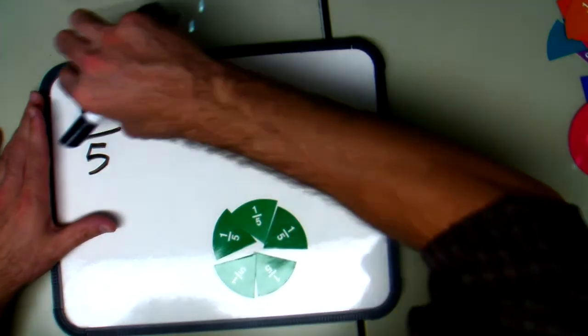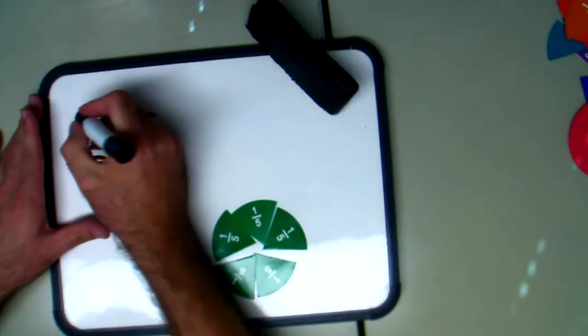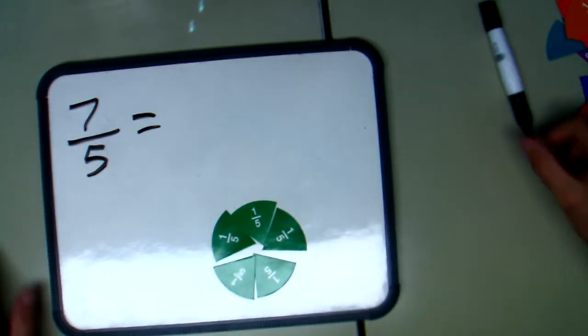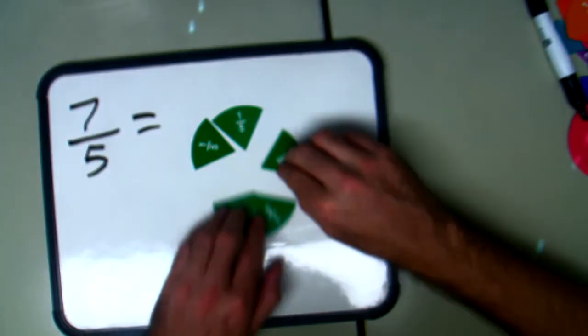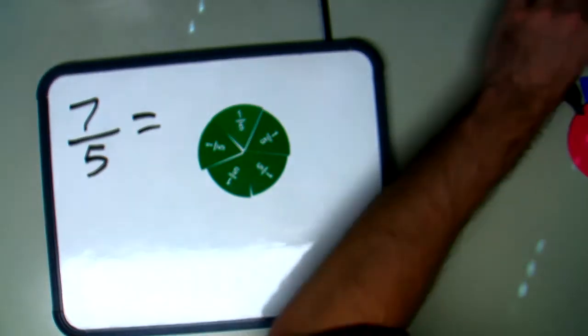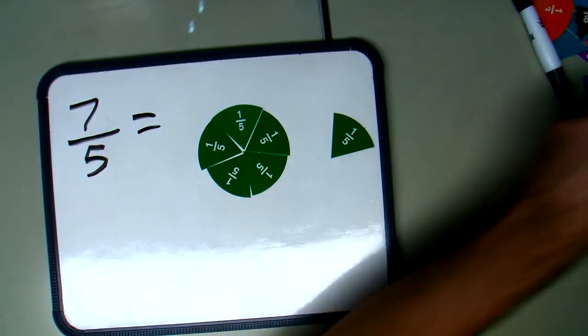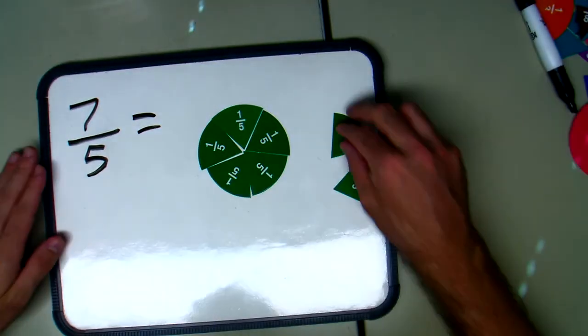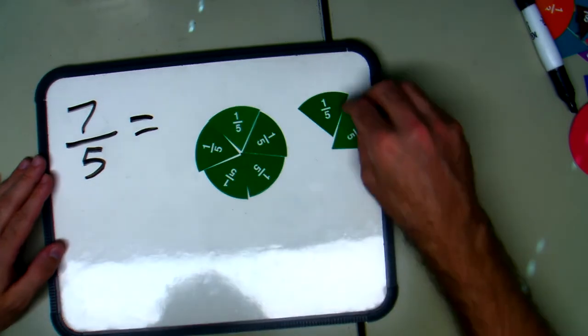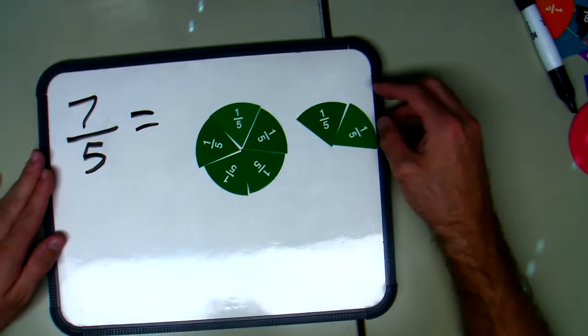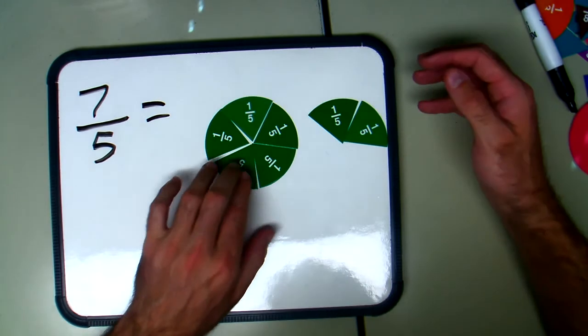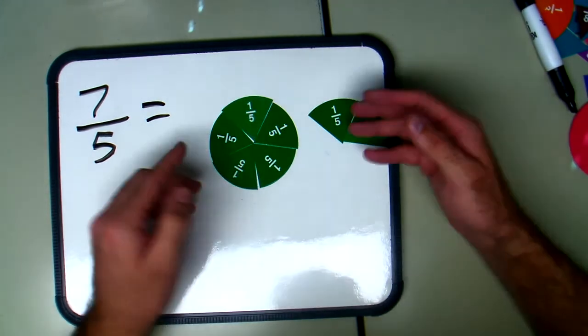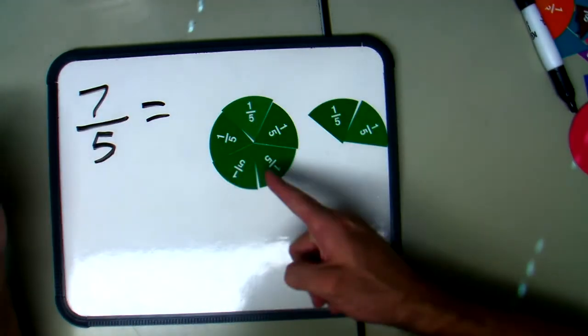What happens when the top number is larger? What if I have 7/5? Well, here's 5. Here is 6. Here is 7. What do you notice? I have 1, 2, 3, 4, 5, 6, 7.